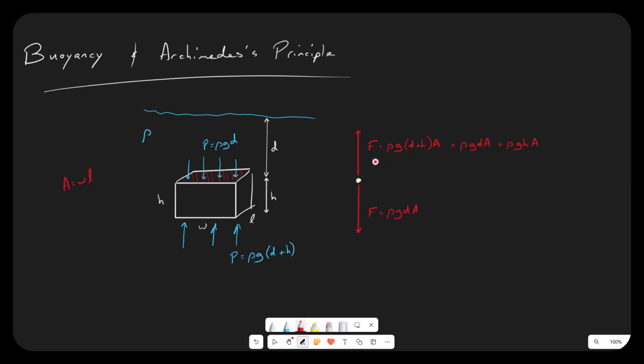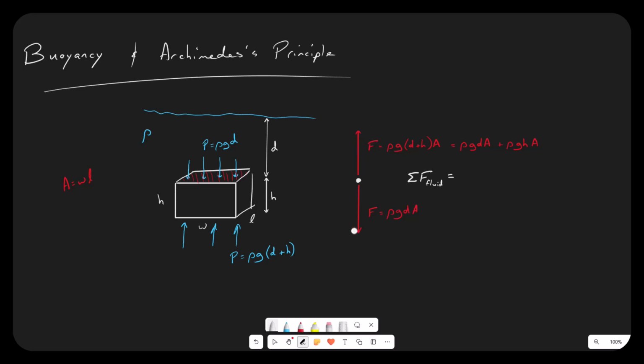If we look at the difference between these, our net force from the fluid alone, so I'm ignoring the weight of the box for a moment, our net force from the fluid alone is upward, right?